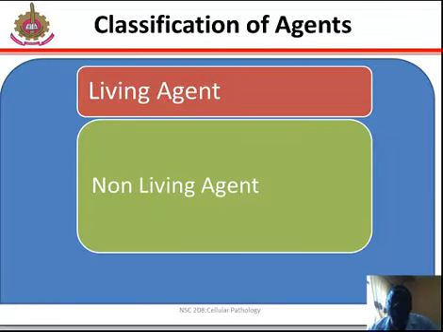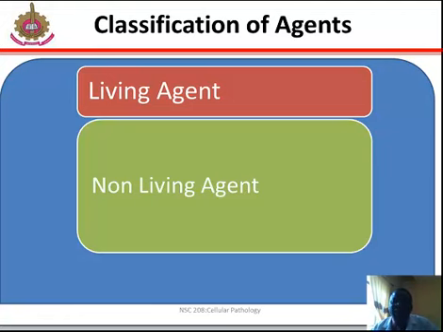then it can live for a longer period, and it will have chances of infecting more people in the community. You can classify agents into two. We have living agents and we have non-living agents. These agents are capable of causing diseases in man, whether they are living or not.